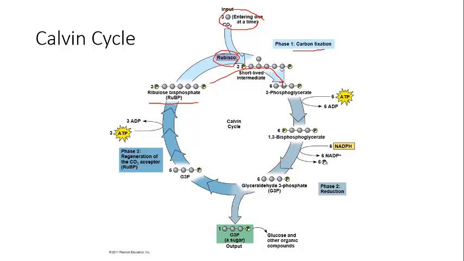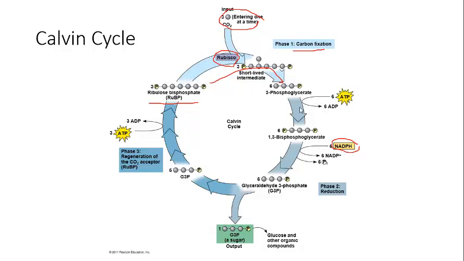Phase 1 is going to be carbon fixation, the process by which rubisco takes in carbon dioxide and combines it with RuBP. Phase 2 is going to be reduction. This is going to be when NADPH gets oxidized, loses its electrons, and gives its electrons to this molecule right here called PGA.